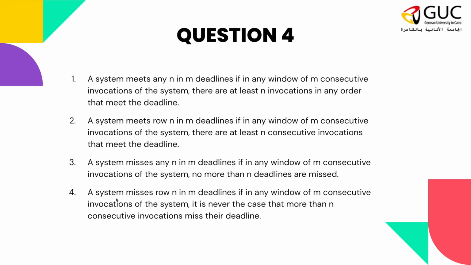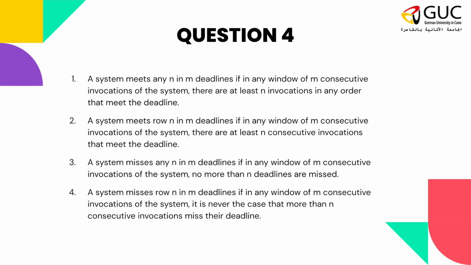Therefore, a system misses row, and row indicates the consecutiveness factor. As you all saw, this phrase, if in any window of m consecutive invocations of the system, is present in all four constraints. It is never the case, so we are denying, that more than n consecutive invocations miss their deadline.